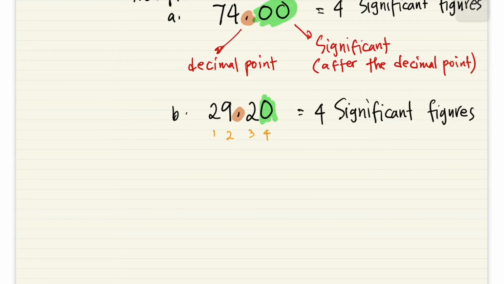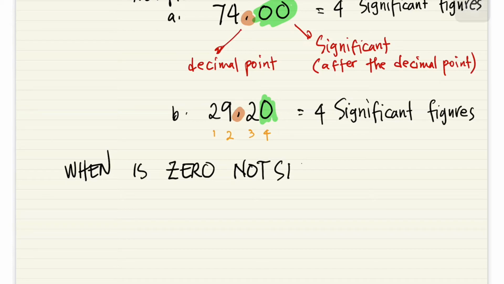Now the question is, when is zero not significant? When does zero become not significant?